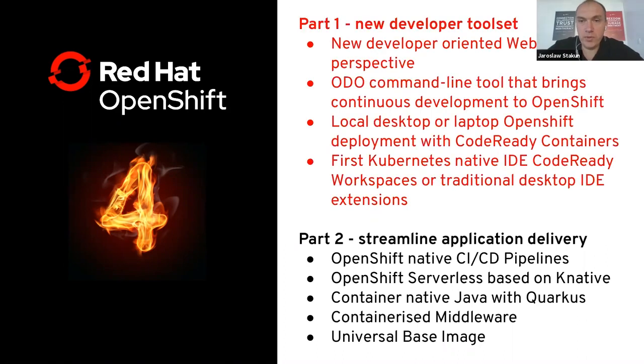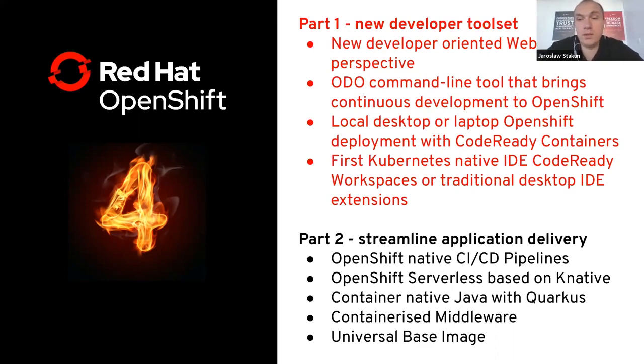The topic for today: I would like to show you and introduce four different tools. The first one is the new web console, which you can leverage to manage your applications via a web browser. The second one is odo, a command line tool created specifically for developers to help you quickly build and deploy your applications into OpenShift.